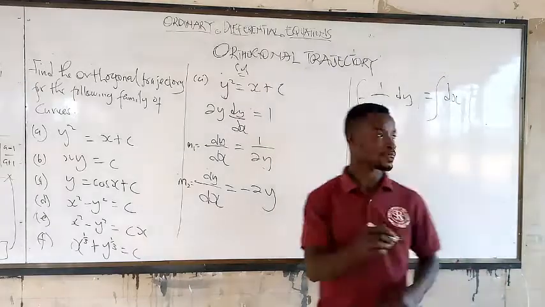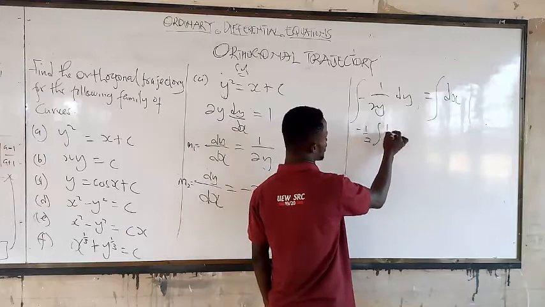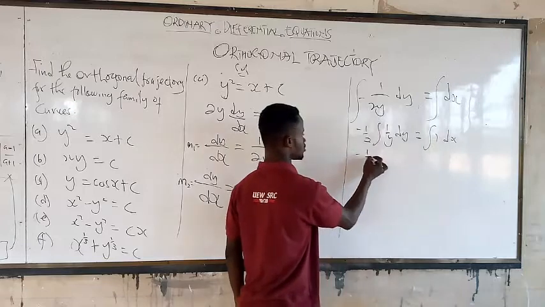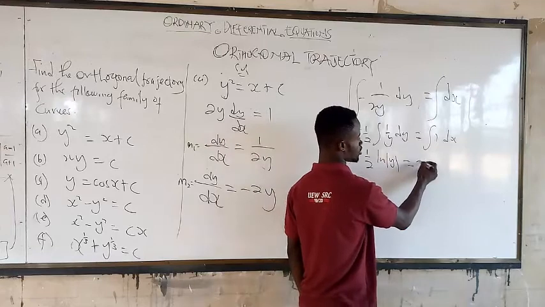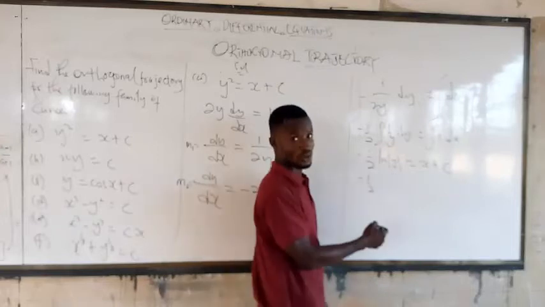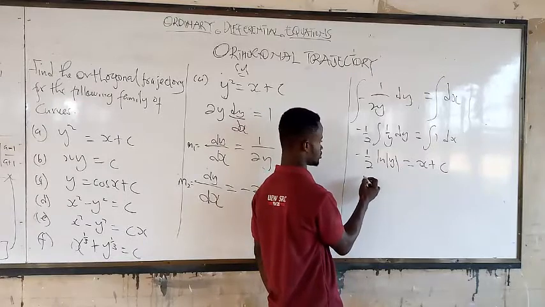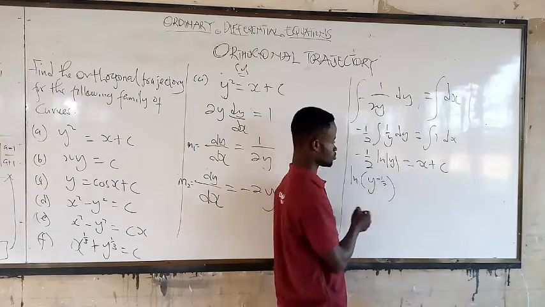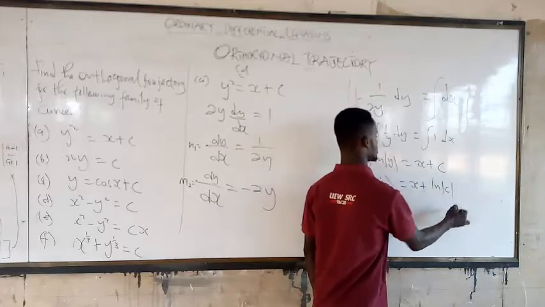So integrate both sides, and we are going to get negative half ln y is equal to x plus c. We all know already that here we are going to get ln y to the negative half is equal to x plus ln c.